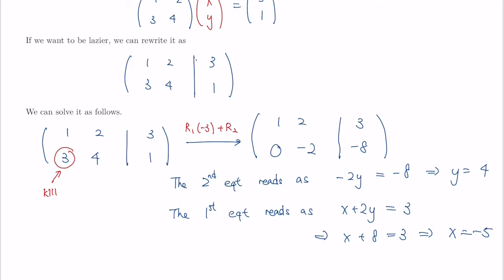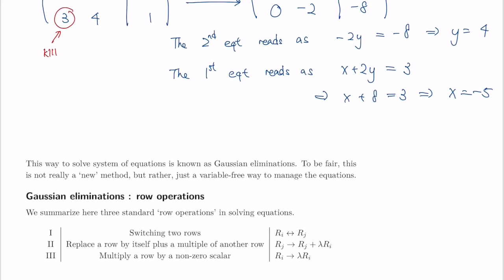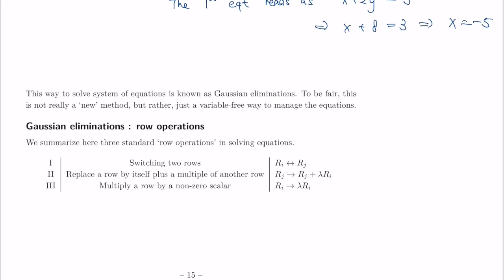And the operation that we wrote down here is an example of what we call row operation. Okay, row operation. So row operation is nothing challenging. It's really just operation that are permitted in solving equations.